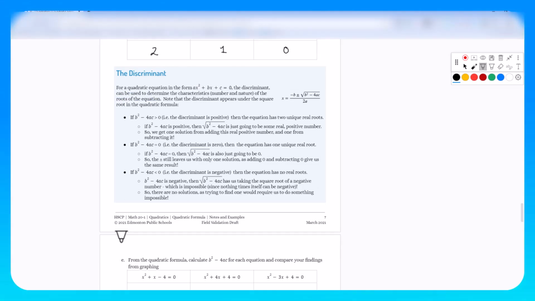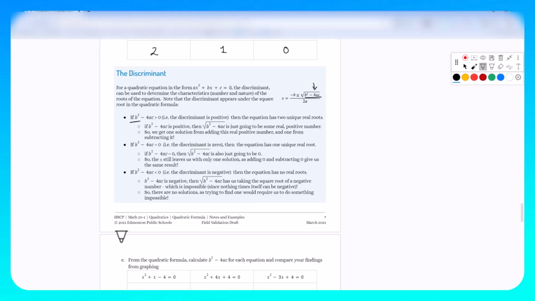But there is a way of determining how many solutions a problem has before we even start. And this comes from observing and calculating what is under the radical sign in the quadratic formula. This little piece under the square root is called the discriminant. And the discriminant gives a lot of information about how many solutions there are.